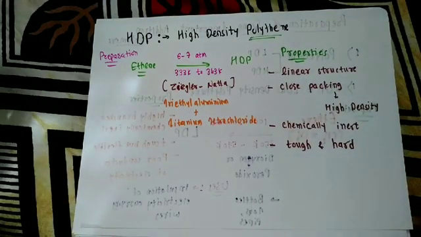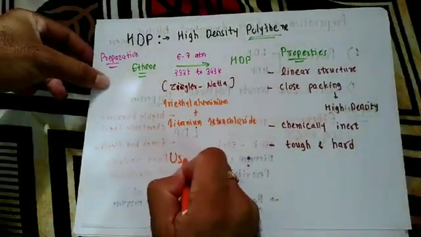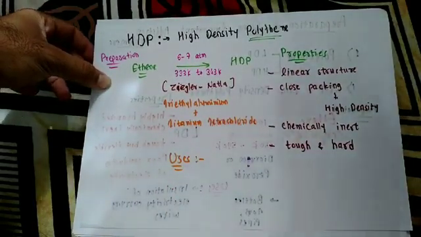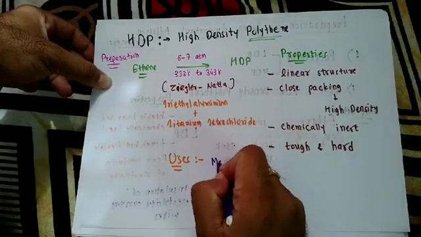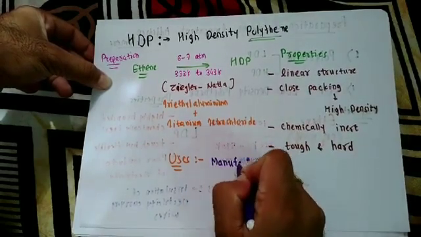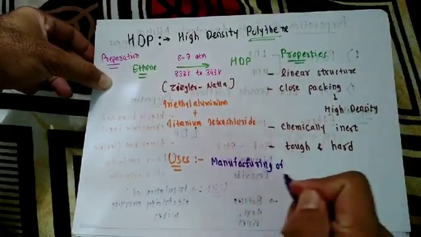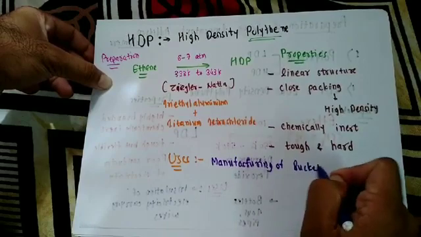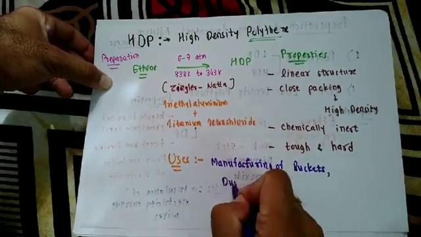What are the uses of HDP? The first use is the manufacturing of household items like buckets and dustbins.